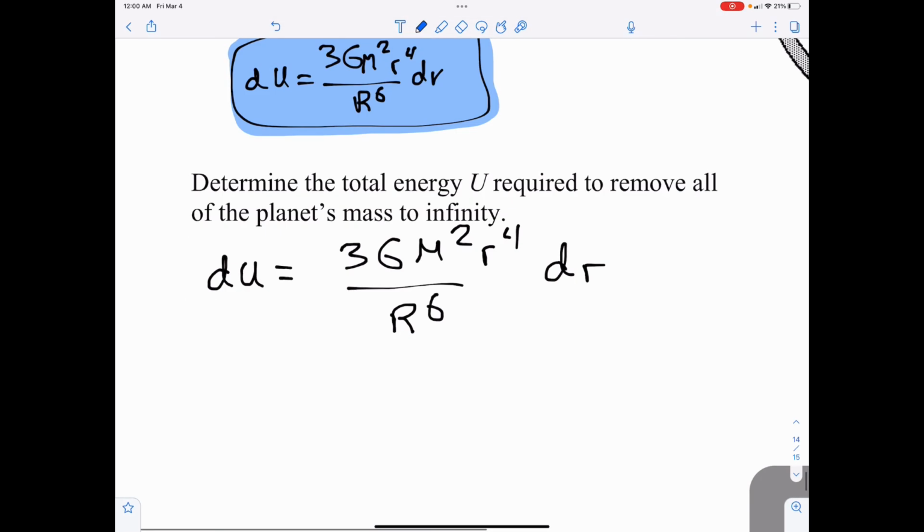The integral of du, of course, is u. And we're going to basically integrate from the center of the planet to the surface of the planet.